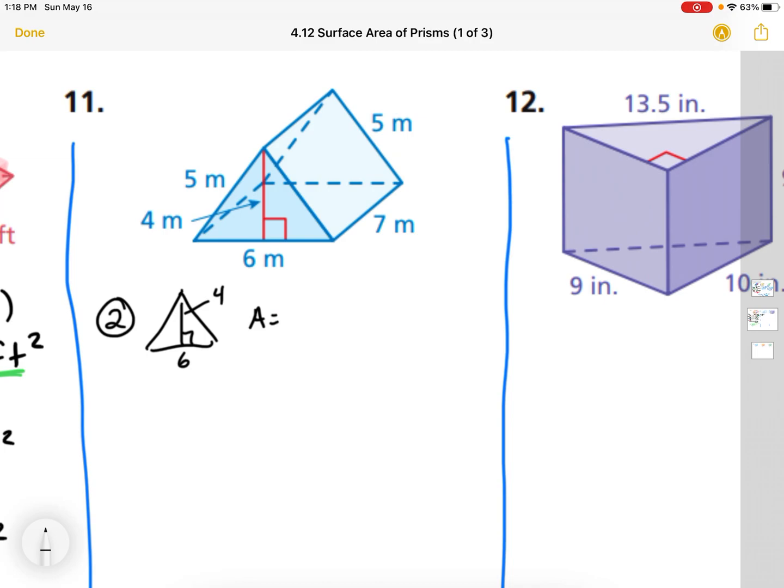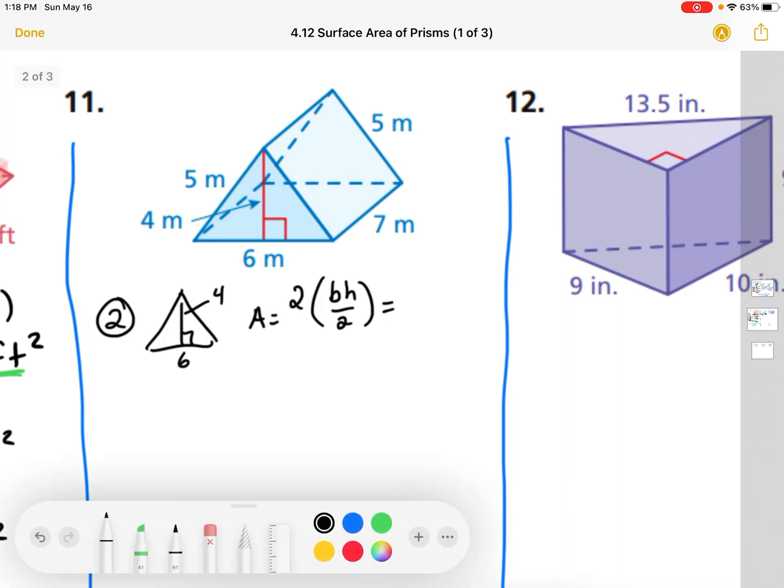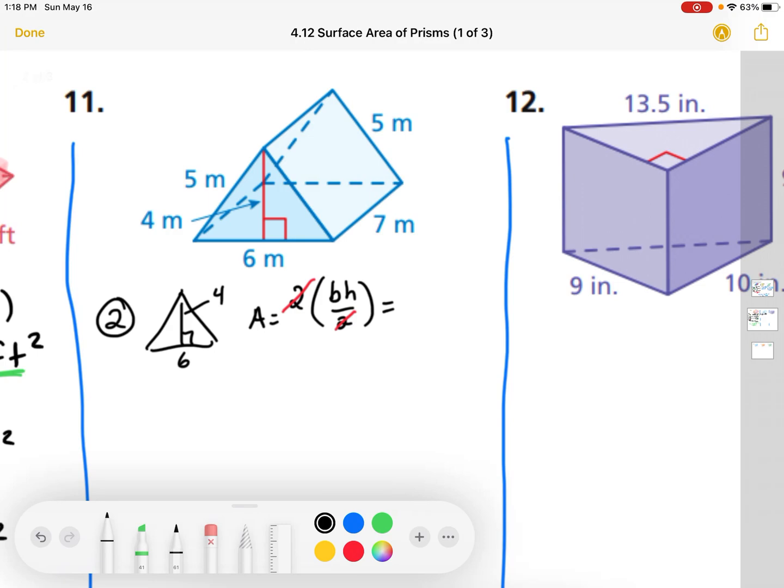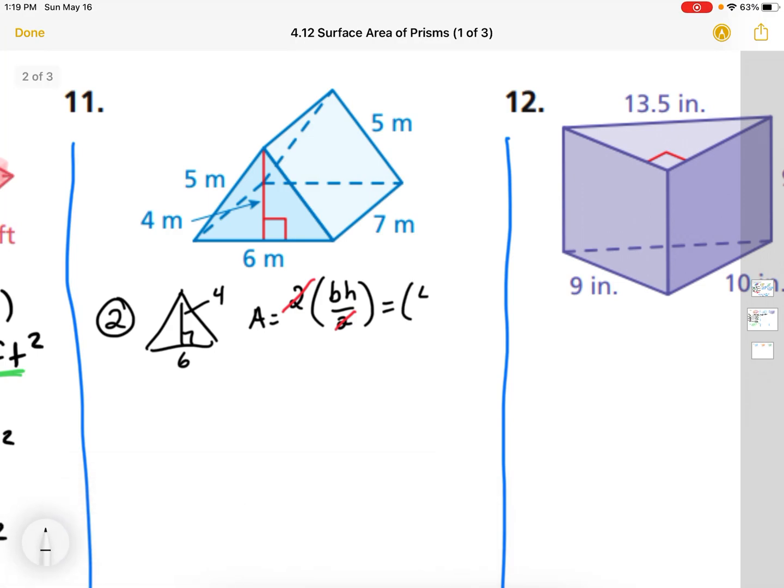So the area of that triangle, 2 times base times height over 2, and I love it that the 2s divide out. So I get 4 times 6. I always have to do it because I never trust myself: 24 meters squared. Okay. Now the next thing, I actually have an isosceles triangle, so I have two rectangles that are 5 by 7. So I can save myself some work.